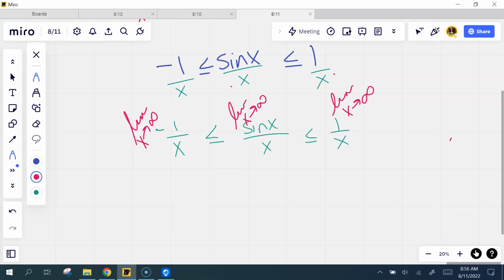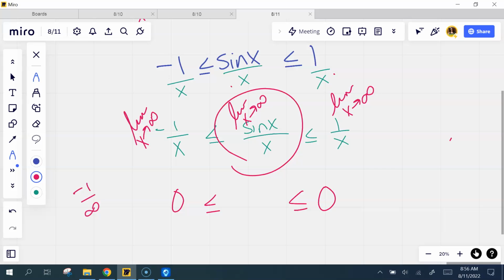Well, if we plug that infinity in, we end up with -1 over infinity, which is really 0. It doesn't matter that it's negative because it's still getting really, really small. How about the right side? 0. What does that tell me about this? It's 0.